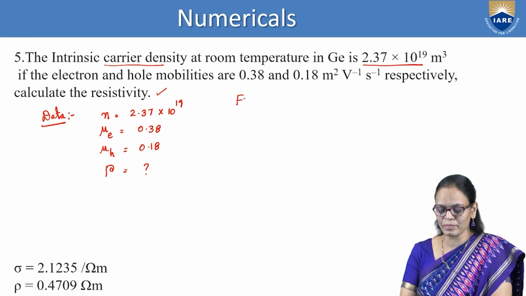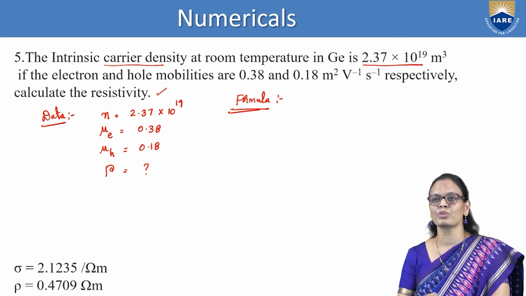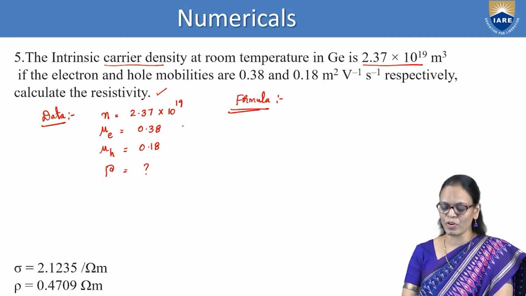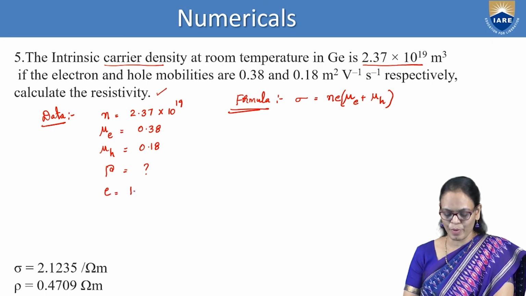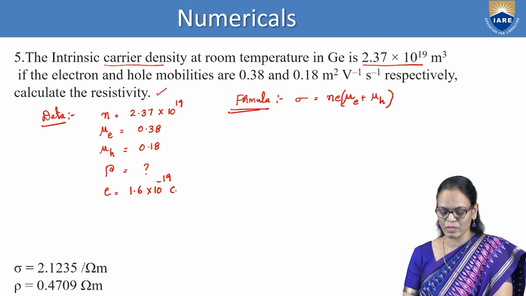So what is the formula? You may write it directly or we will write it in terms of known terms. So the formula we have for sigma is Ne into mu or Ne into mu E plus mu H. The value of E is 1.6 into 10 power minus 19 coulombs.